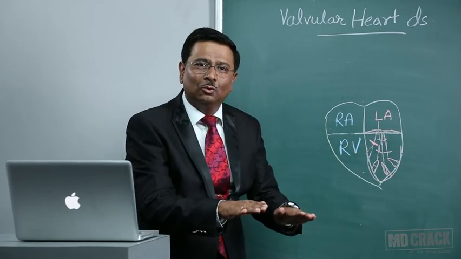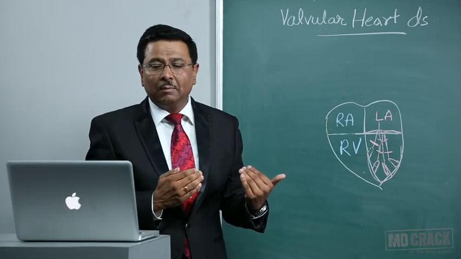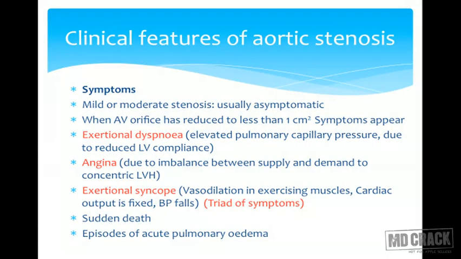Because of this, BP goes down, and when the BP goes down, the patient can get syncope. So a triad of exertional dyspnea, angina and exertional syncope is very commonly seen in cases of aortic stenosis. And there could be incidents of sudden death, and there could be episodes of acute pulmonary edema.